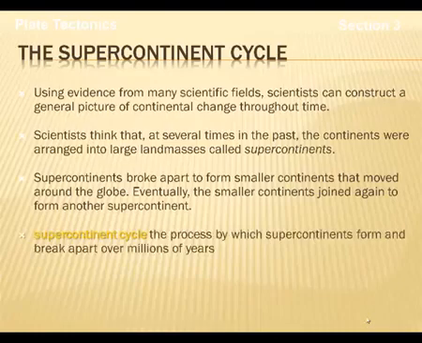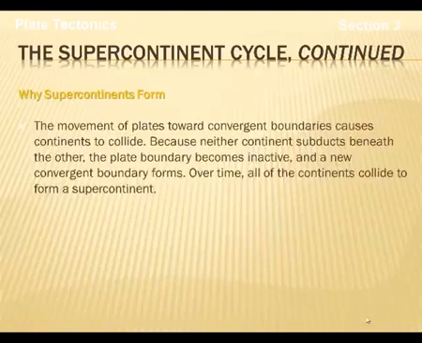The supercontinent cycle is the process by which supercontinents form and break apart, and scientists think this may have happened over millions of years. So why do supercontinents form? The movement of plates toward convergent boundaries causes continents to collide.